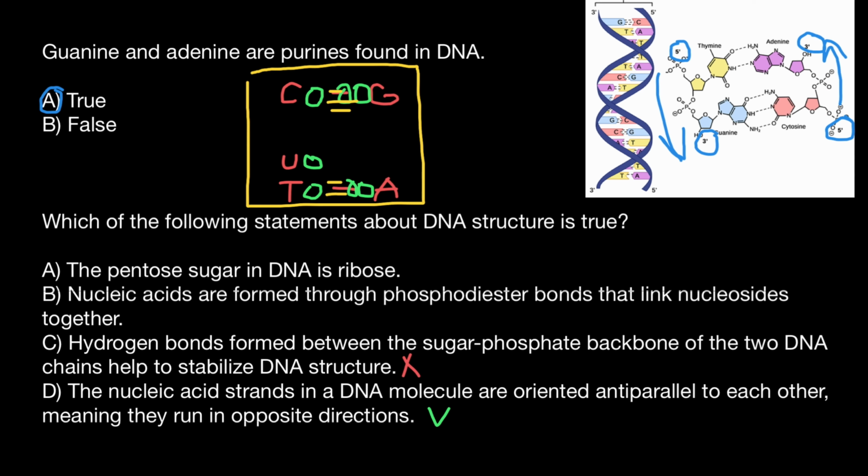And next statement, statement B: nucleic acids are formed through phosphodiester bonds that link nucleosides together. So what is the difference between nucleosides and nucleotides? Nucleosides consist of base and sugar, and nucleotides consist of base, sugar, and phosphate group. So we can say that this is also going to be a wrong statement, and the pentose sugar in DNA is ribose.